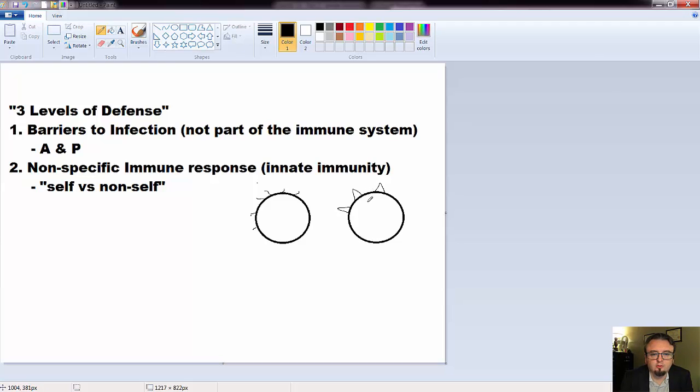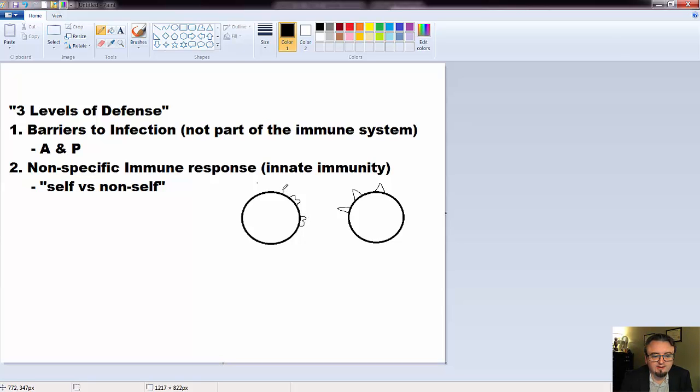So that might be what your body's receptors look like. And then if we were to look at a foreign invading microbe, it might have receptors that have a very different shape. Perhaps they look more like this, whatever shape that is, I don't even know.